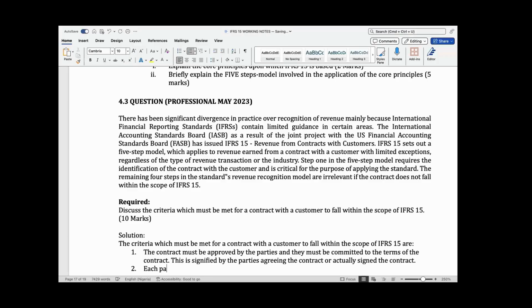Also, each party's right in the contract is specified.